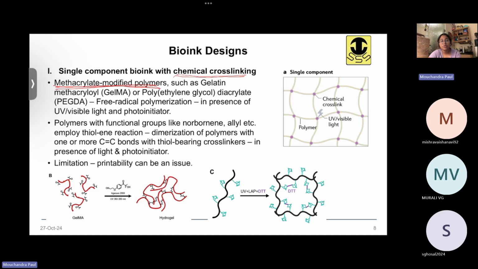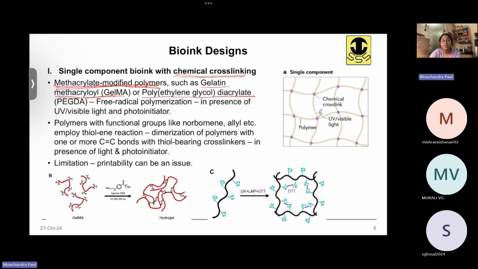This methacrylate group has been added to the backbone chain of various polymers, and some of the resulting polymers are called gelatin methacrylate, gelatin methacryloyl, or GelMA. Gelatin is a very well-used biopolymer, and at its backbone this methacrylate group is added. Then there is PEGDA, or polyethylene glycol diacrylate.